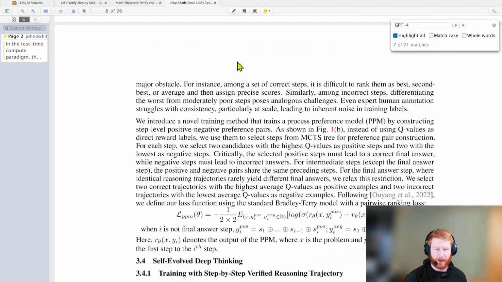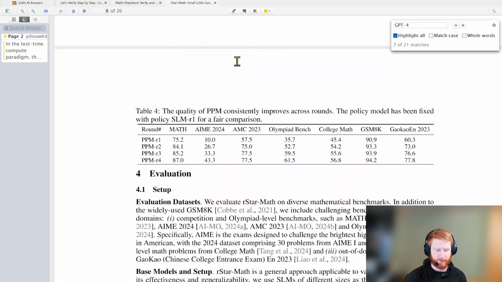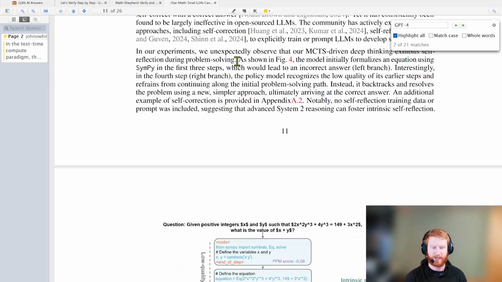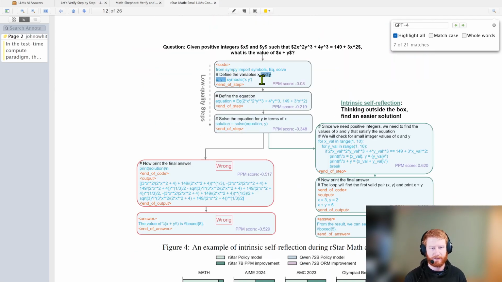You'll see some of the examples that they give. It's using SymPy to set up systems of equations, and then to solve them with that library. So you get the correct solution, and it prints out the answer, but you're getting there with the use of code, which is great.